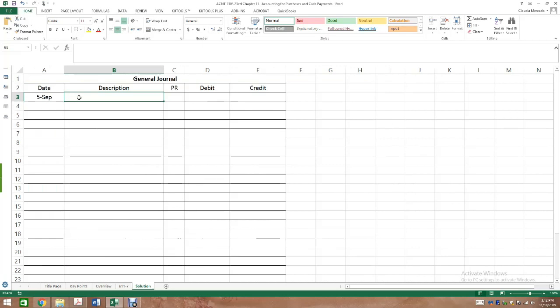So what is the first thing that we have to do? What happened is we purchased something on account. When we bought something on account, we had an accounts payable set up in our books. So we have to clear that accounts payable because we no longer owe the money.